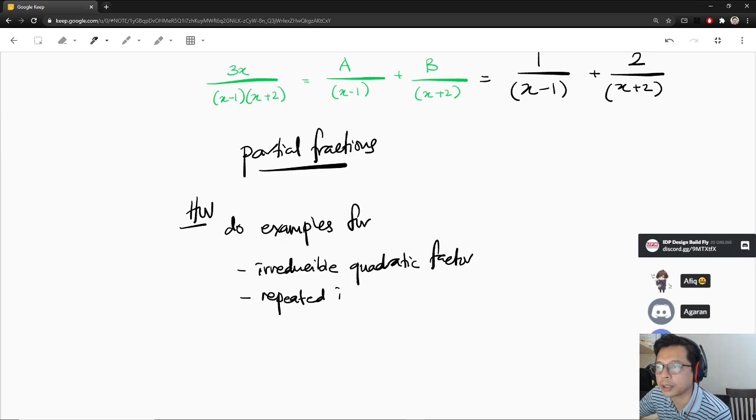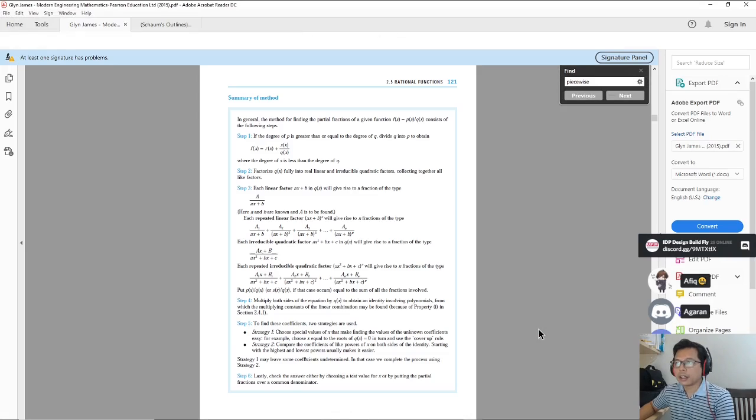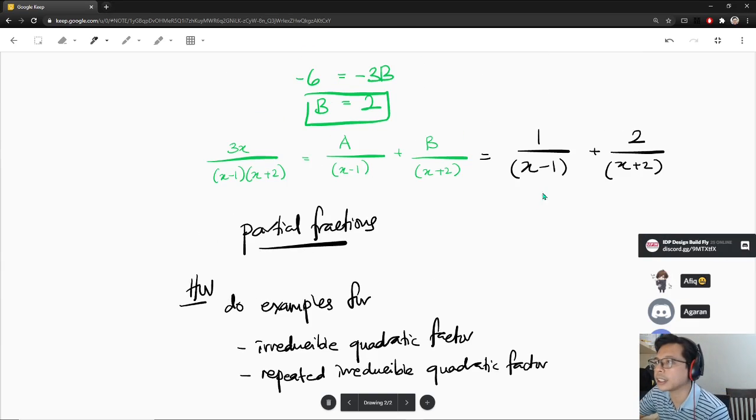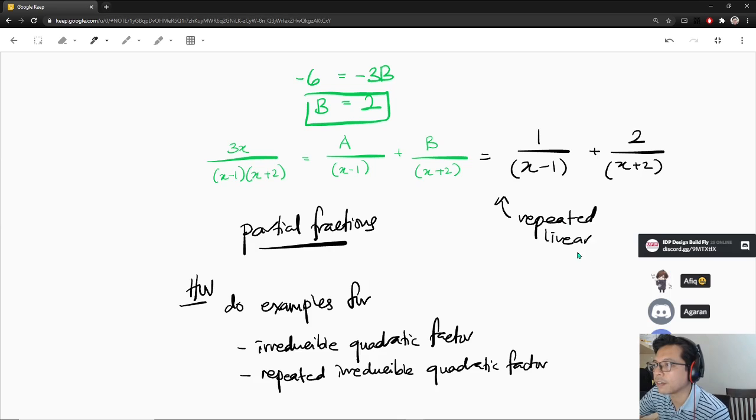Another one is repeated irreducible quadratic factor. What I've shown you here is an example of repeated linear factor.